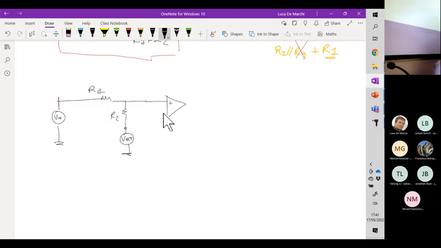Then we have a non-inverting configuration. Feedback resistor is RF, and this resistor here is called RG. This is the output. So we want a relationship like this.